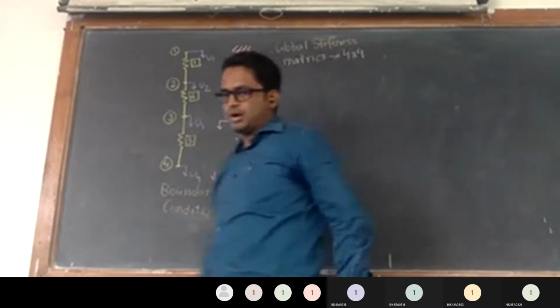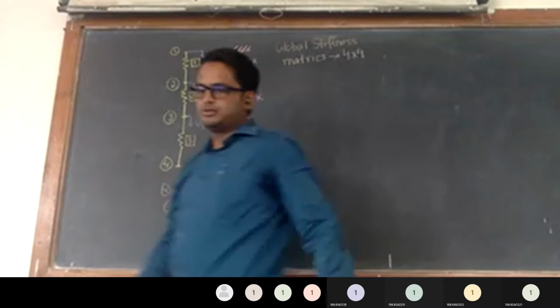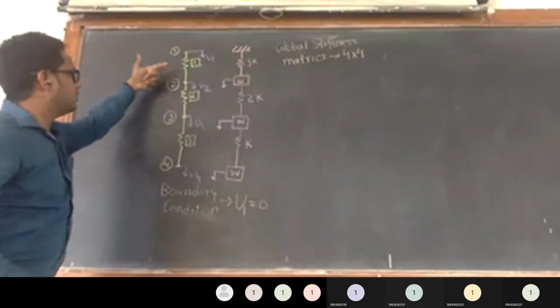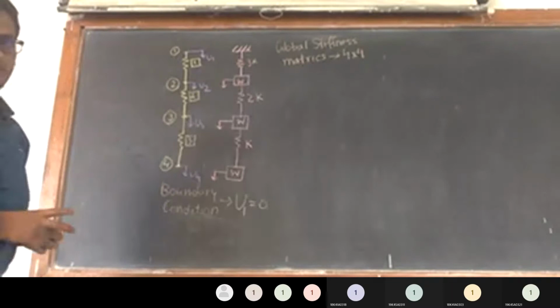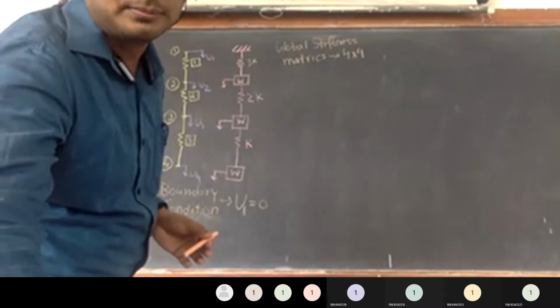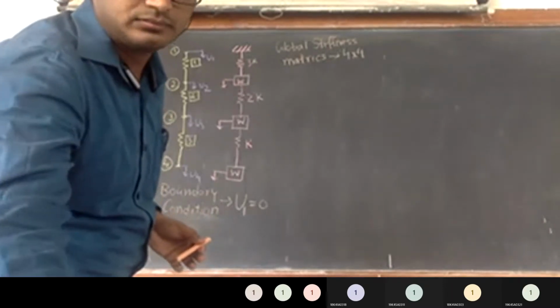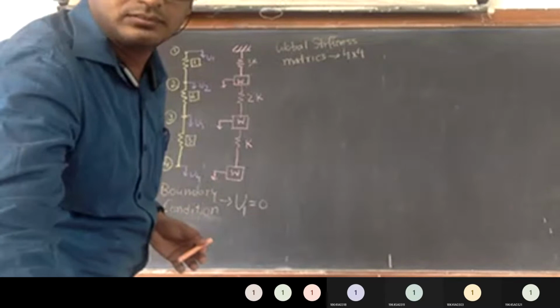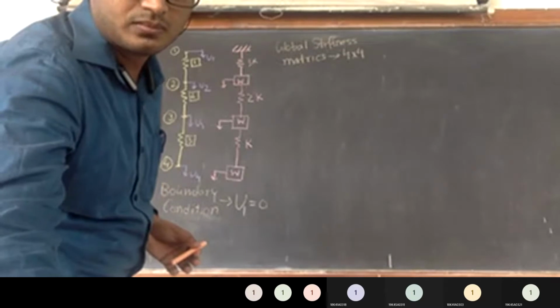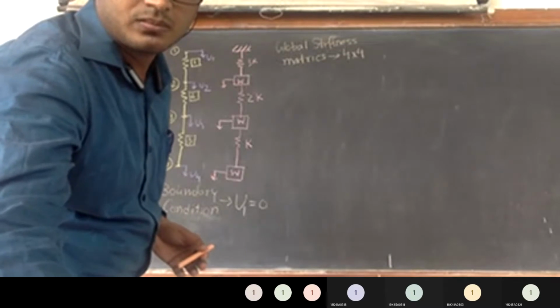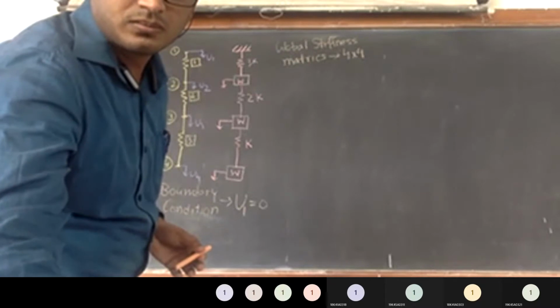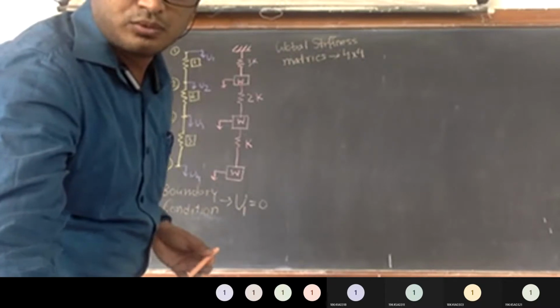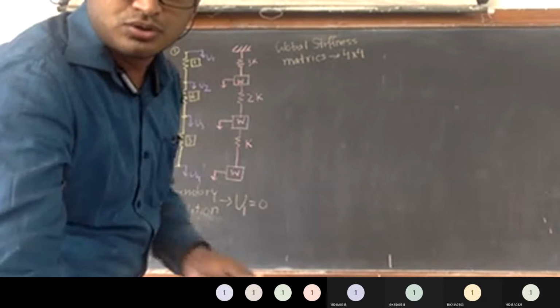Now, the first step is to write the individual element stiffness matrix. So now let's see how to write that. Few more students are coming.